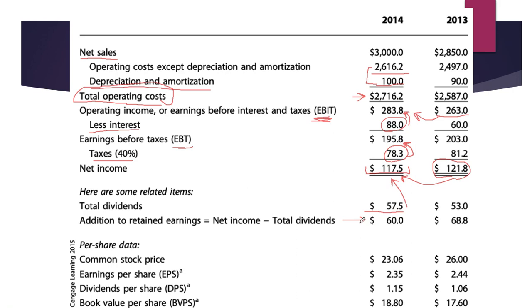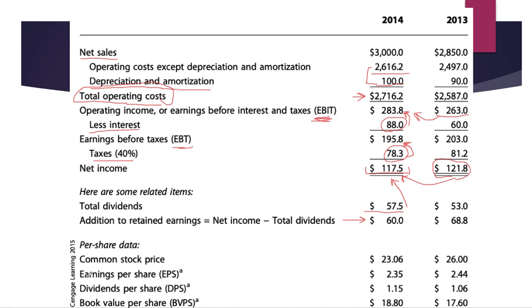The company generates some net income and can pay some dividends, but after the dividends are deducted, the remaining part is retained earnings that will add to the equity of the company in the balance sheet as well.